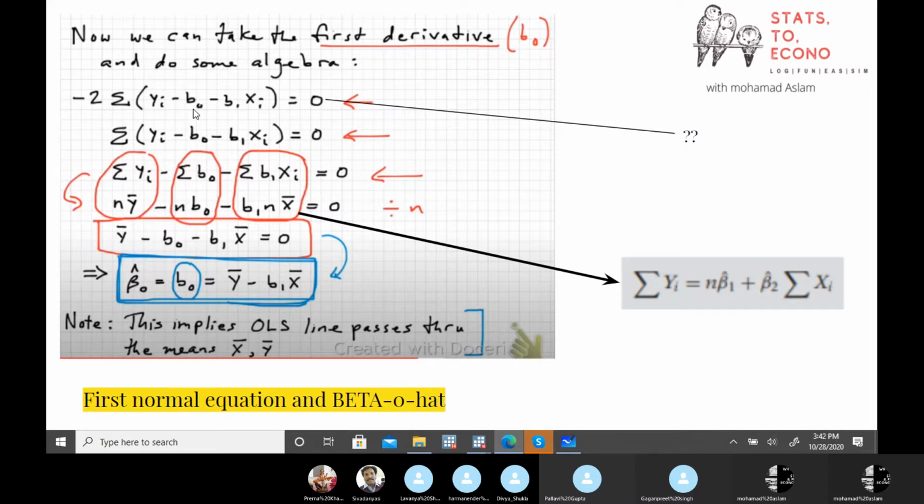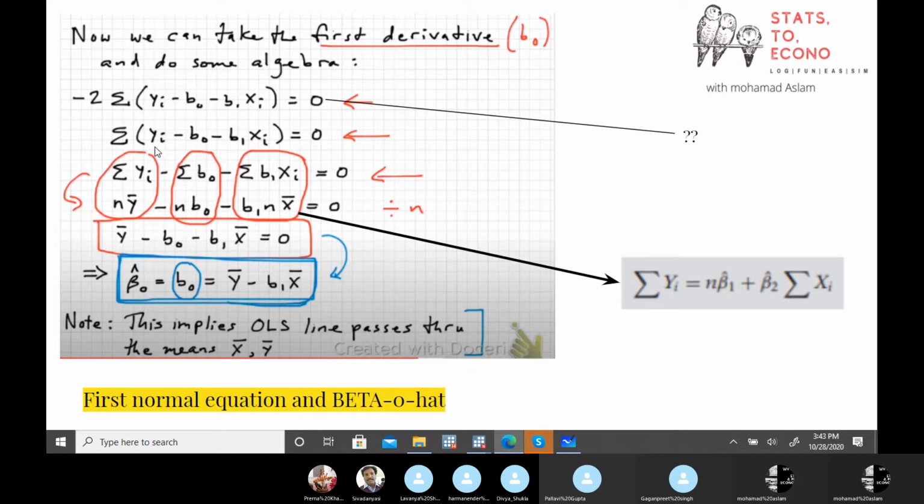This is the first derivative with respect to beta 1 hat. Now divide this equation on both sides by -2. The -2 cancels out, and the right side remains 0. Then we are left with this portion.